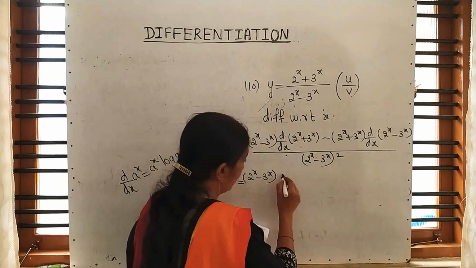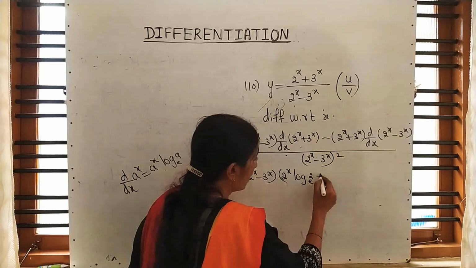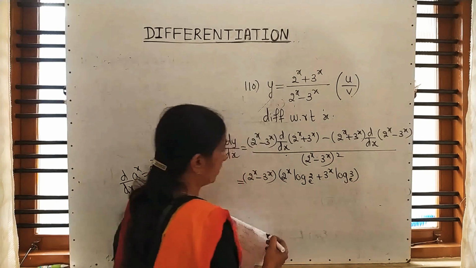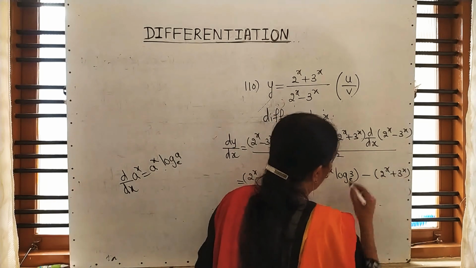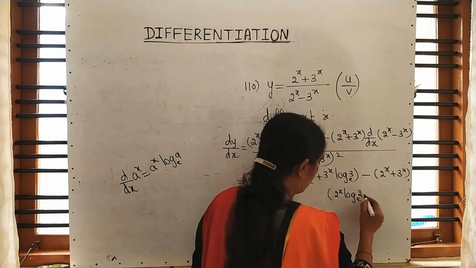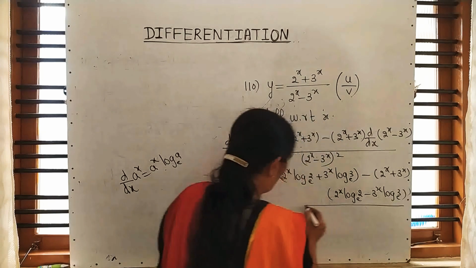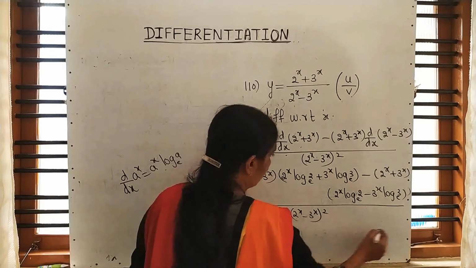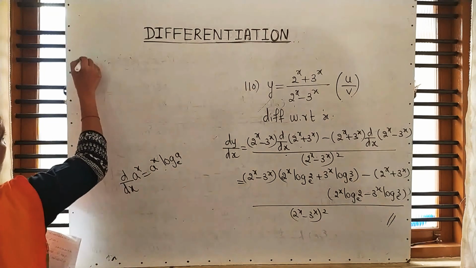So differentiation of 2 raised to x is 2 raised to x into log 2 to the base e, plus 3 raised to x into log 3 to the base e, minus 2 raised to x plus 3 raised to x, as it is. Here it is whole divided by 2 raised to x minus 3 raised to x whole square. To remove the bracket and simplification, I will leave it for the students.